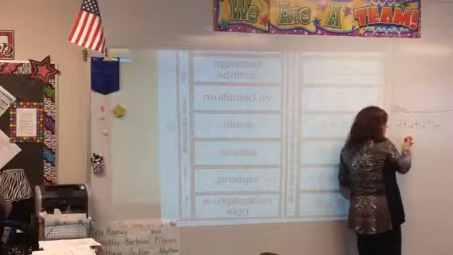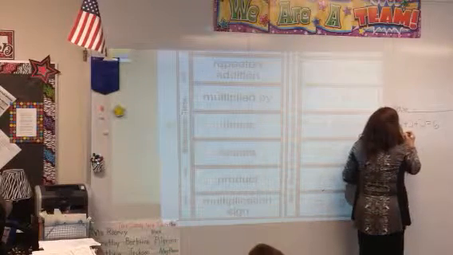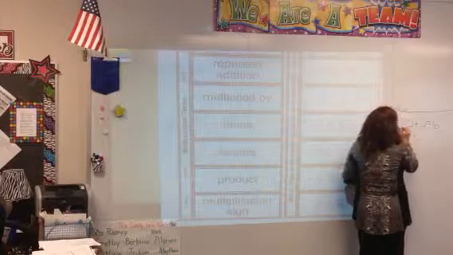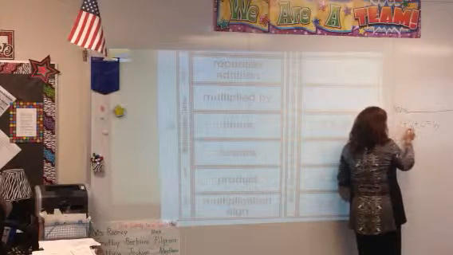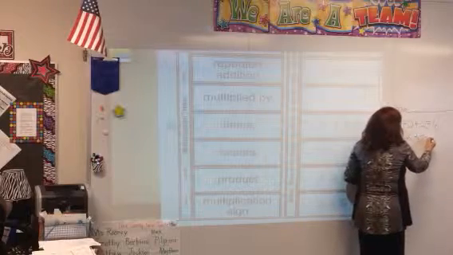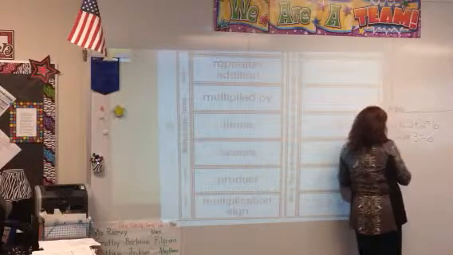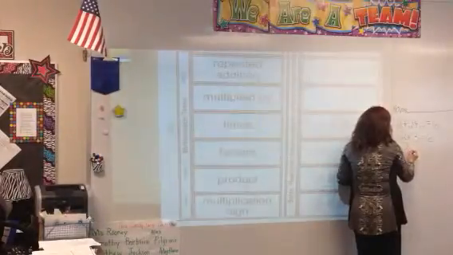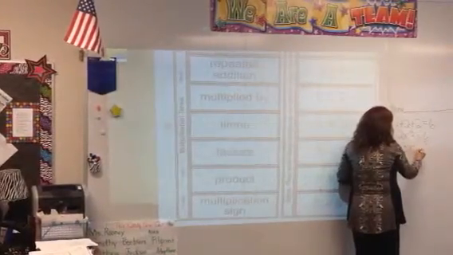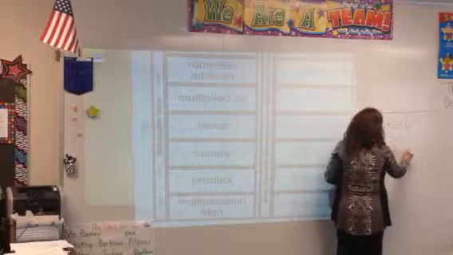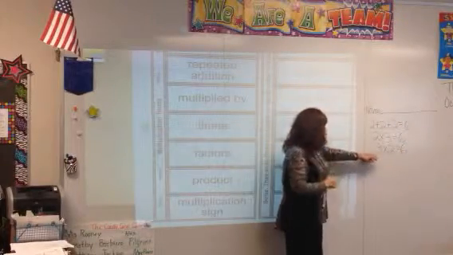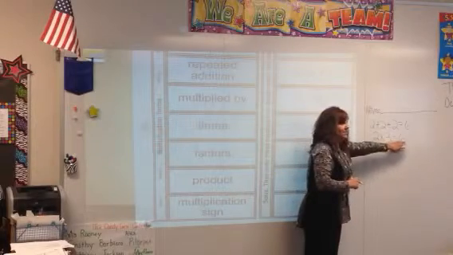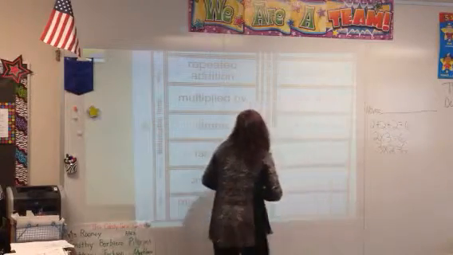But we would write that in multiplication as 2 times 3, because you have 3 2's. 1, 2, 3 equals 6. You also can say 3 times 2 equals 6. That's part of our fact families, right? They are the same. You can write it either way, and it equals the same answer, okay?